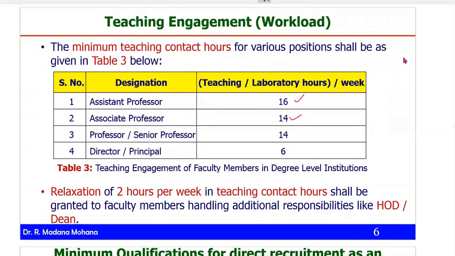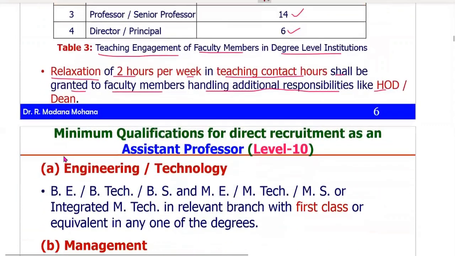Then professor as well as senior professor, 14 hours per week. Director or principal, 6 hours per week. For teaching engagement of faculty members in degree level institutions, there is some relaxation of 2 hours per week in teaching contact hours granted to faculty members handling additional responsibilities like HOD or Dean level.